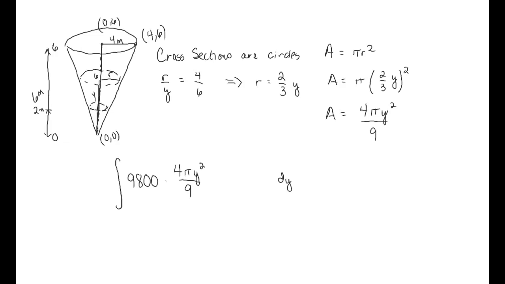It's not letting me do it. The 4 pi y squared is my area piece, multiplied by dy gives me my volume, multiplied by the weight density, 9,800 newtons per cubic meter, gives me my weight.